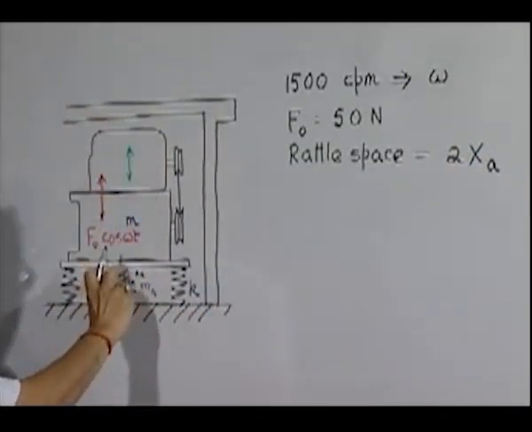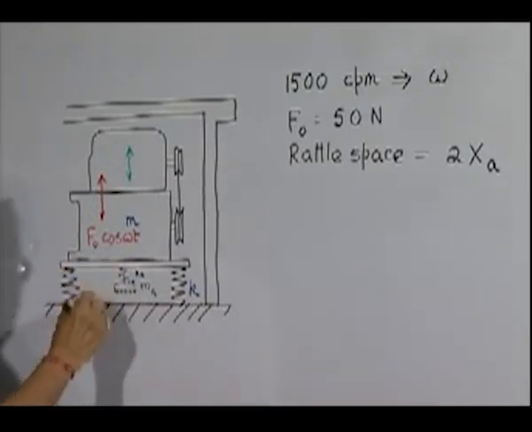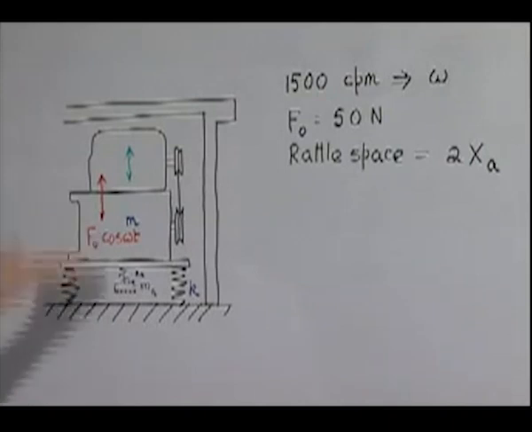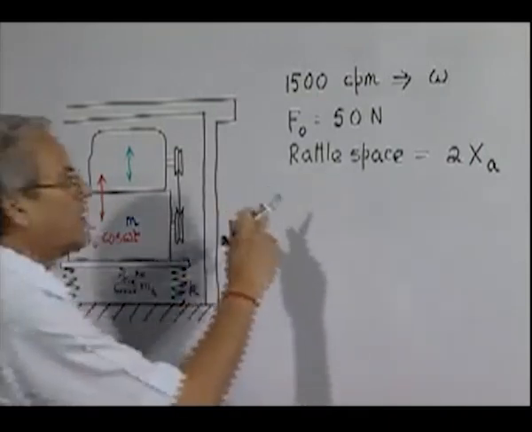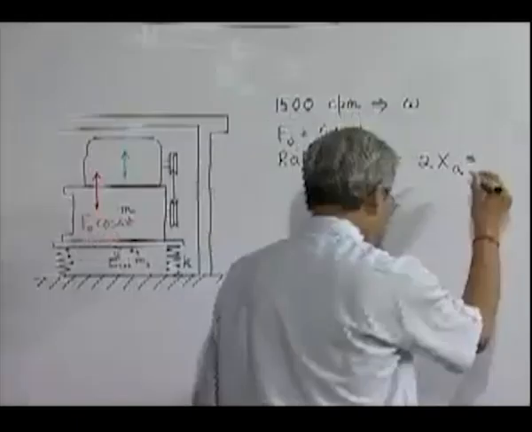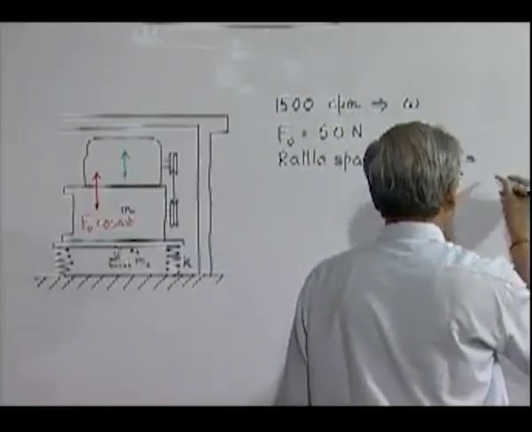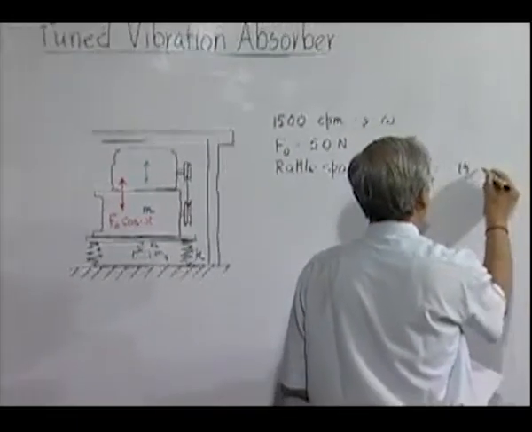I have kept larger space here. So, the maximum amount of displacement MA can have on both sides of its equilibrium position, that is called rattle space, is given as 15 millimeter.